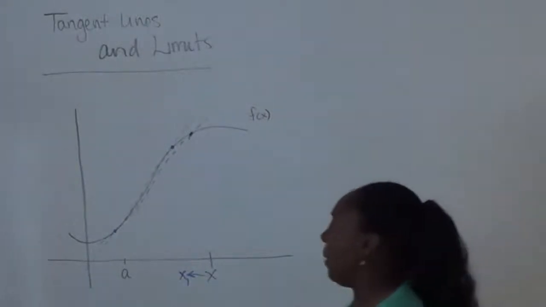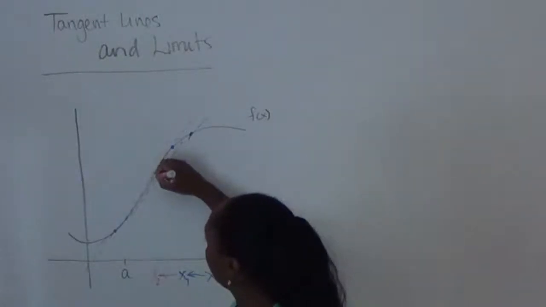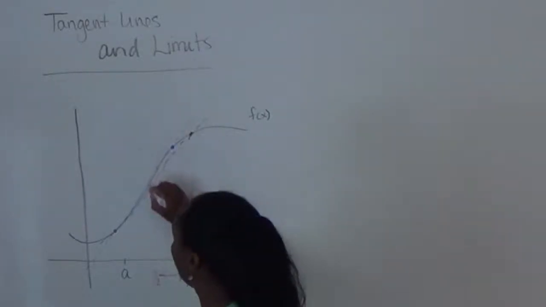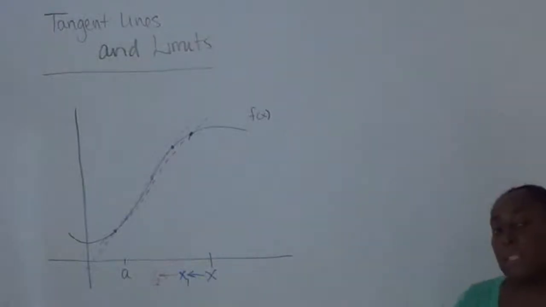Okay? And we can keep doing this. So I can keep moving it closer to A, and we see the steepness or the slope of the line segment is going to change with each movement.